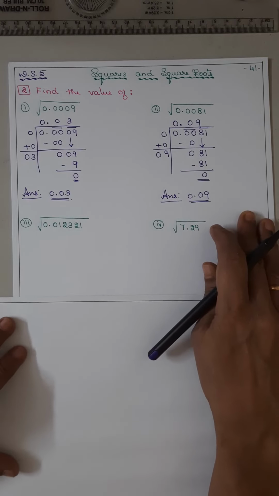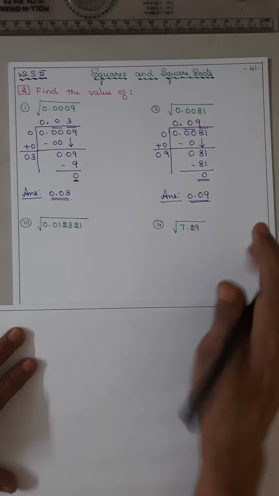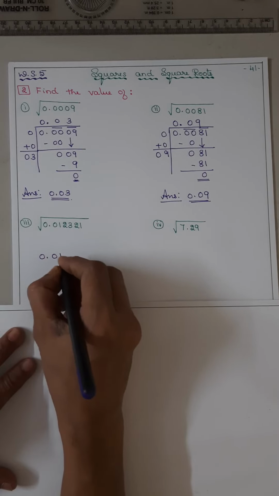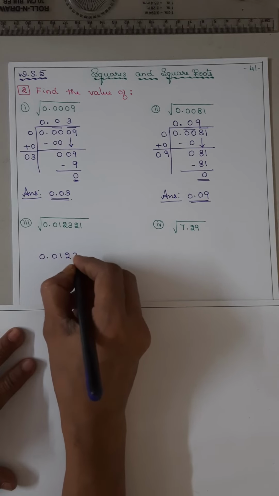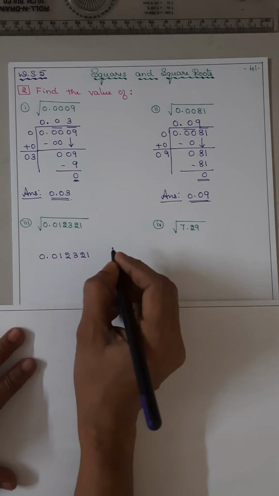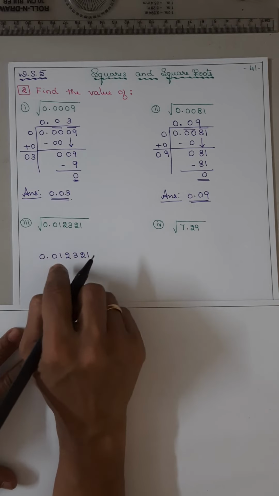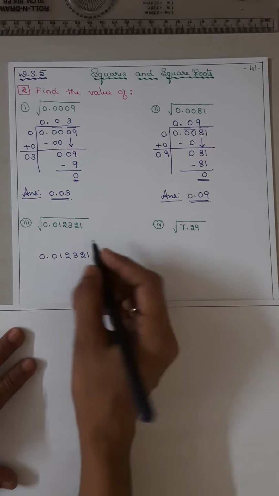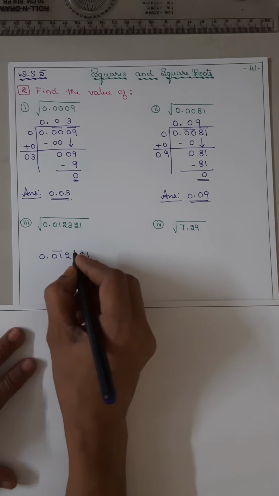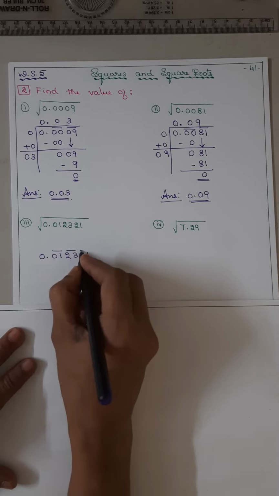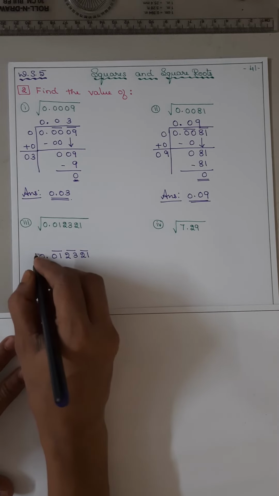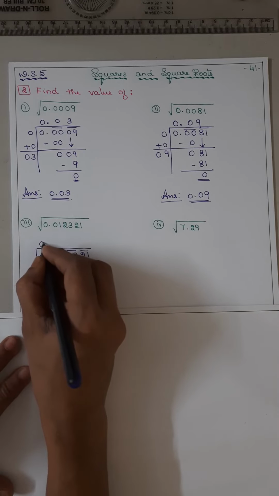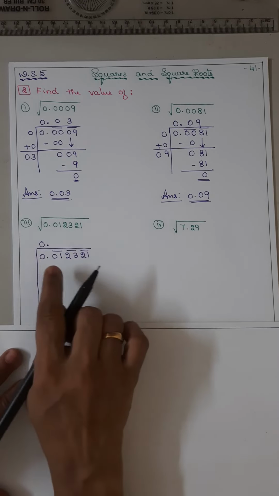Now coming to the third sum, it is 0.012321. Group it from left to right: 01, 23, 21. Okay. Now first 0 point, then it is 1.